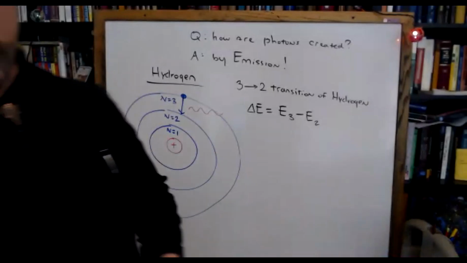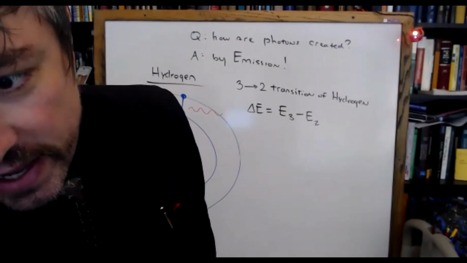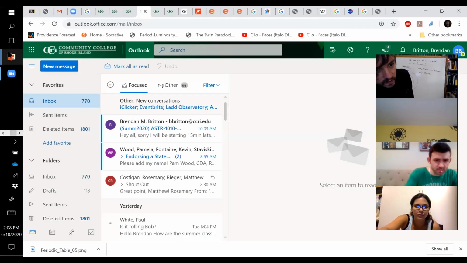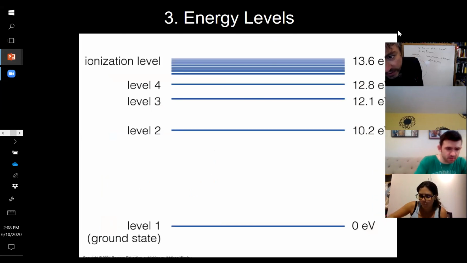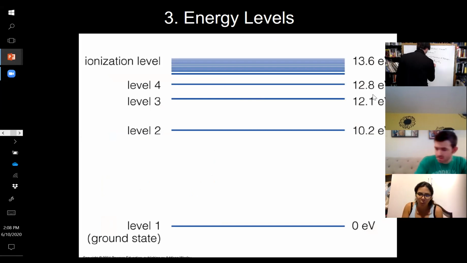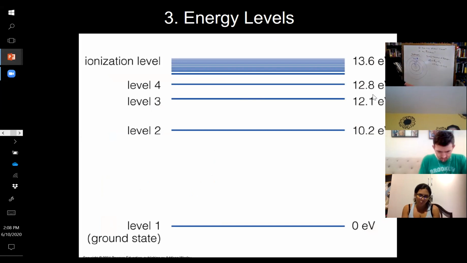And just before we had lost connection, I asked, I don't know if it was Dennis or somebody, who had taken a peek at my energy level diagram, and they got 12.1 minus 10.2 electron volts. And you guys can see that that's equal to 1.9 electron volts.